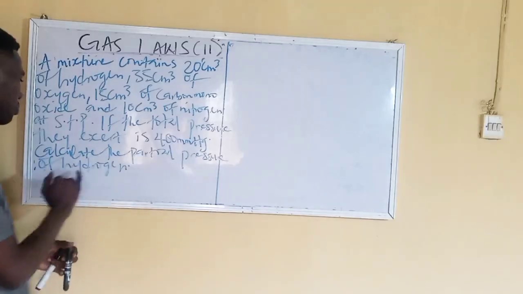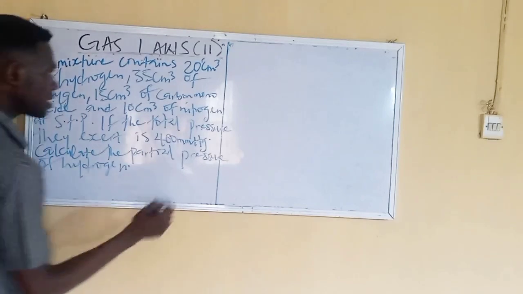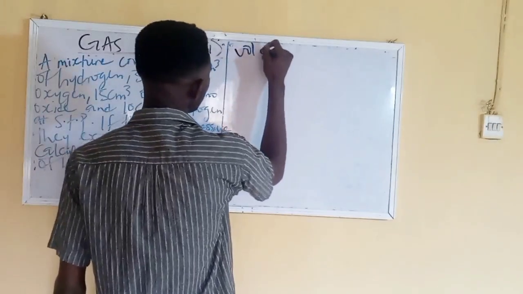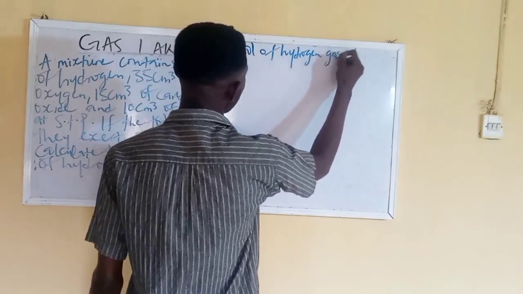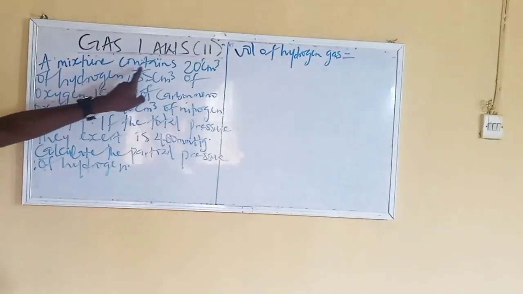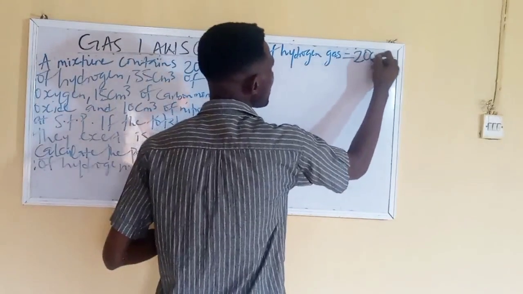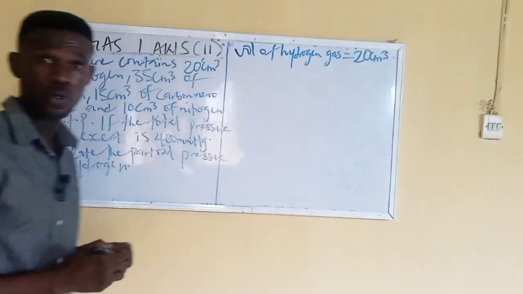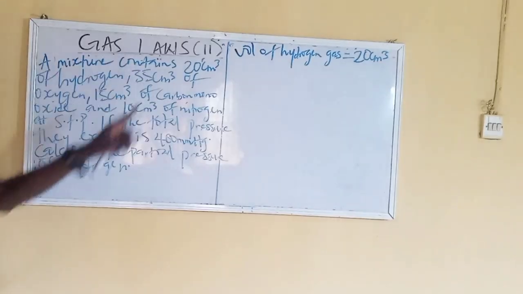First, look for what they are asking for. They said calculate the partial pressure of hydrogen gas. The volume of hydrogen gas here is given as 20 centimeter cube. Next, what is the total volume here?